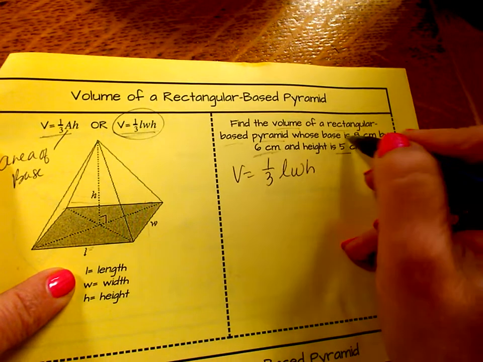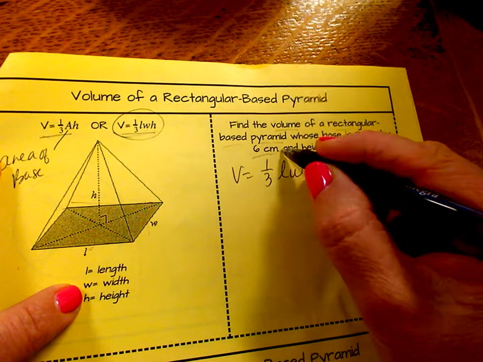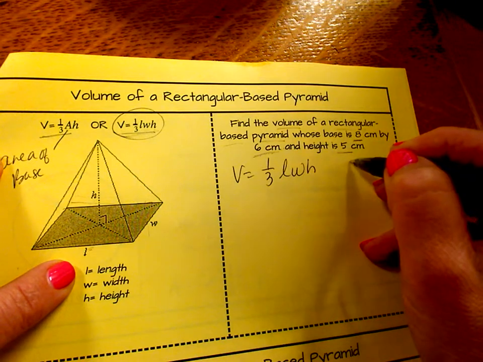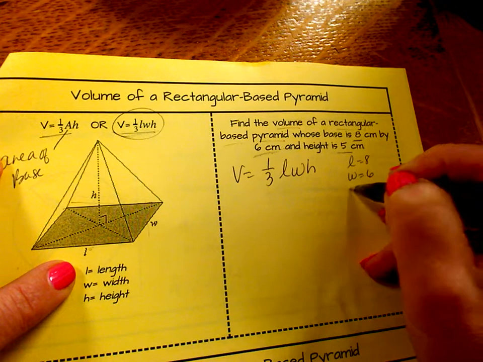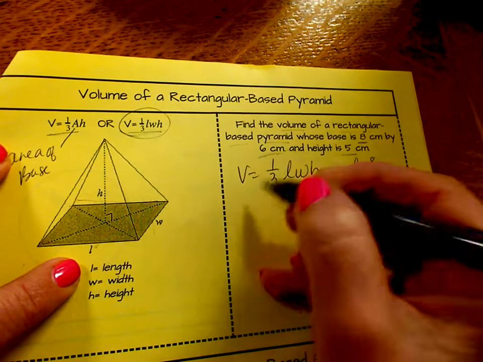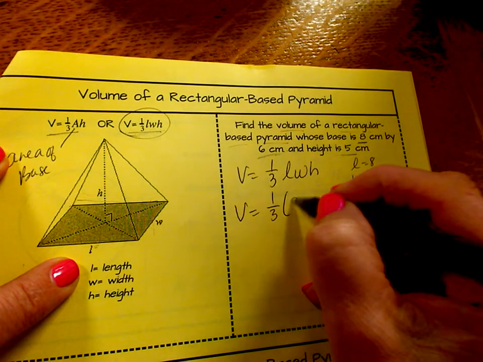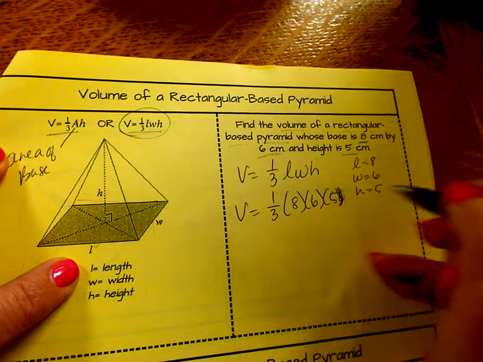Now the 8 by 6, I don't know which is which, but it won't matter. Let's say your length is 8, your width is 6, and your height is 5. So you're going to substitute your information. 1/3 times 8 times 6 times 5.